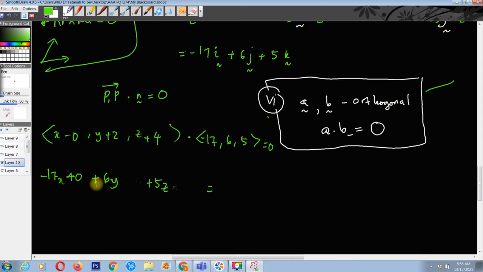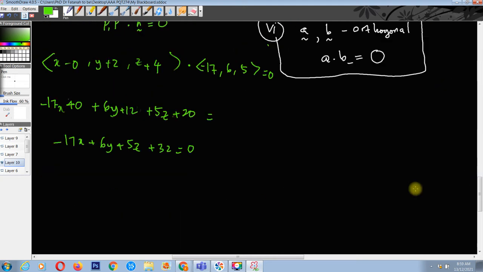Oh, I missed negative 17 here. So we got 12, we got 20. So now negative 70x plus 6y plus 5z plus 32 equals to 0.